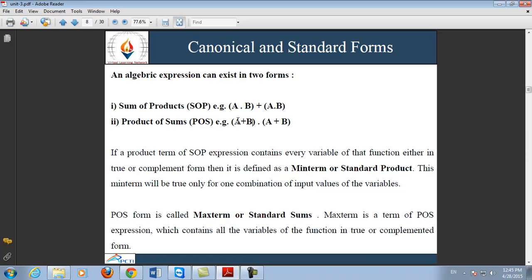Similarly, product of sum means first you do the sum, then after finding out the sum, if we find out the product of the sums, then it is known as product of sum, or you can also say max term or standard sums. These are the canonical forms, and these forms are used further for the minimization of gates.